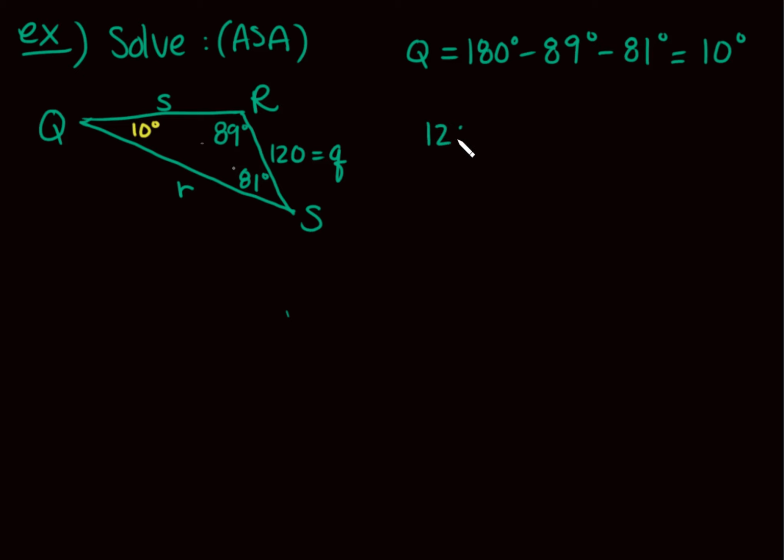So I know 120 over the sine of 10 degrees. And now I can find whichever one I want. Let's find r. So I have little r over the sine of 89. Again, I multiply both sides by the sine of 89. So 120 times the sine of 89 divided by the sine of 10. And I figured that was going to be a pretty big number.